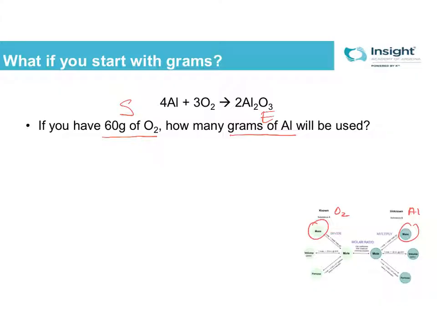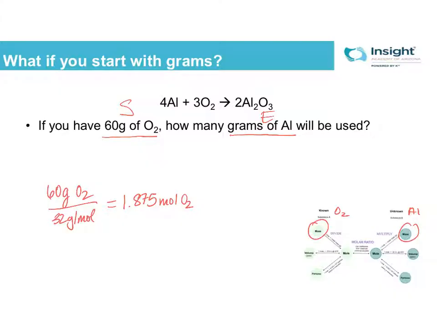So first things first, I need to do 60 grams of oxygen divided by 32 grams per mole, which is 60 divided by 32. I'm just going to keep all the decimals on that one.